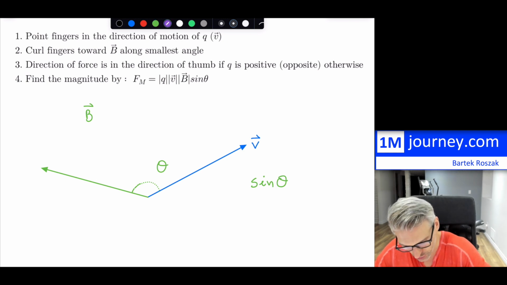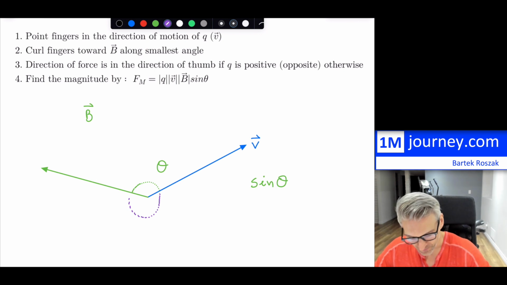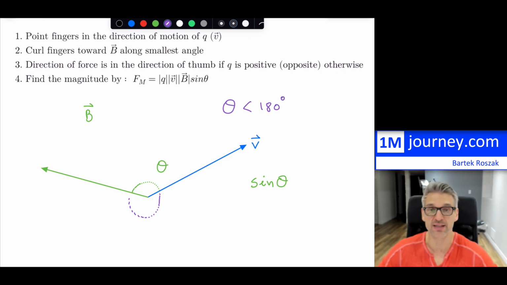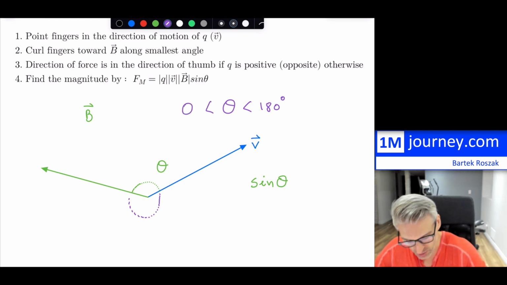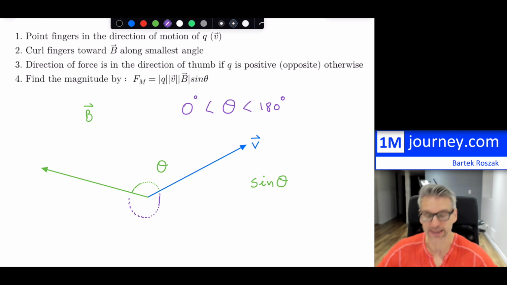Please don't choose this angle right here, but the smaller one of the two, which means our angle is less than 180 degrees, or in radians, less than pi. It's going to lie between 0 and 180.